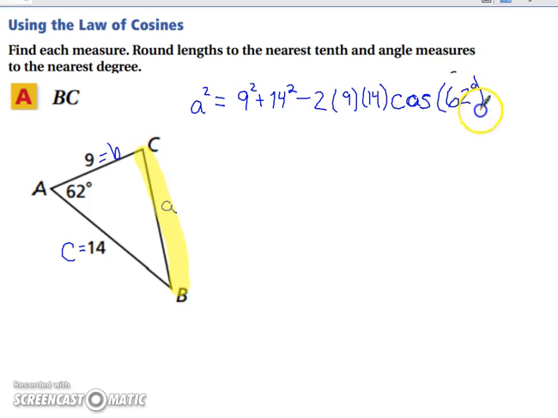All right. So we just have to simplify this. So A squared is kind of still all by itself. And then we have 9 squared, which is 81, plus 14 squared, which is 196, minus 2 times 9 times 14 times the cosine of 62.